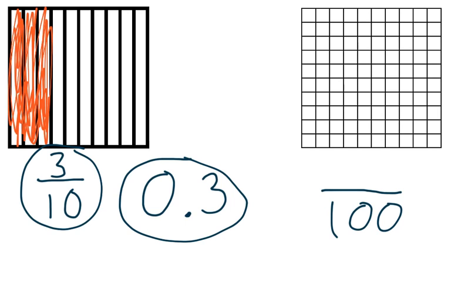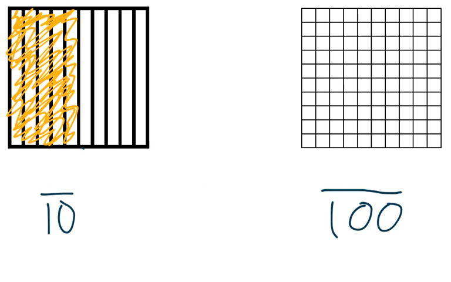Okay, let's do another one. Again, we're still dealing with the whole that is in tenths, and we count 1, 2, 3, 4, 5. There are 5 bars colored in, so the fraction is 5/10. Now, how are we going to write that as a decimal? Again, just like in fractions, we don't have a whole number, because this is where the whole number would go if we're writing a mixed number.